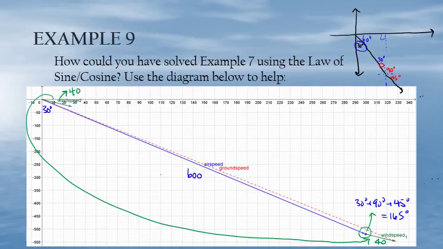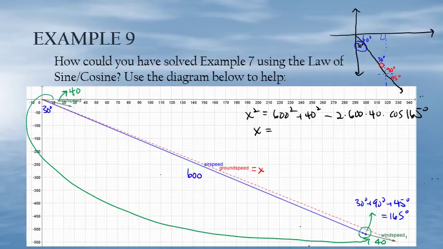To find ground speed, I'm going to call ground speed x, and say that x squared is equal to 600 squared plus 40 squared minus 2 times 600 times 40 times the cosine of 165 degrees.